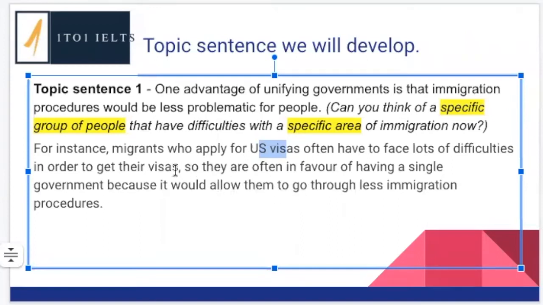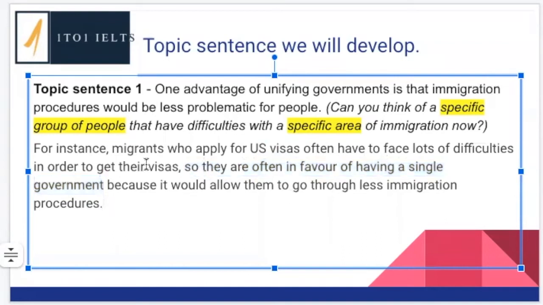What I think is maybe a little bit strange here is they are often in favor of a single government. I'm sure if you went to an airport where people are trying to get a US visa and they're facing all sorts of difficulties, and you say, what would you like? Do you think many of them are going to go, I want a single government? They're probably going to say, I want less immigration procedures, but they're probably not thinking, oh, I want a single government.